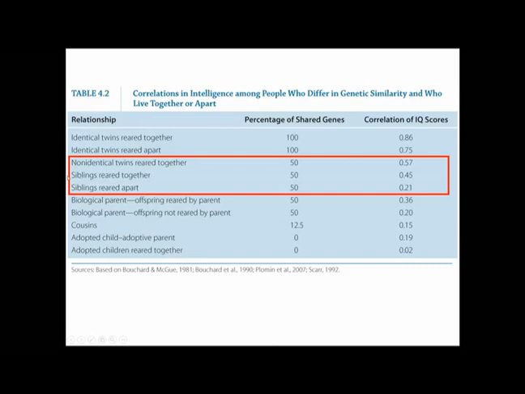And then when we have siblings at the bottom here reared apart, that's when they have 50% shared genes, but no shared environment. And we see that dramatic drop off in our correlation scores. So we're seeing the difference between these two, because they both have 50% shared genes. It's whether they share an environment or not.